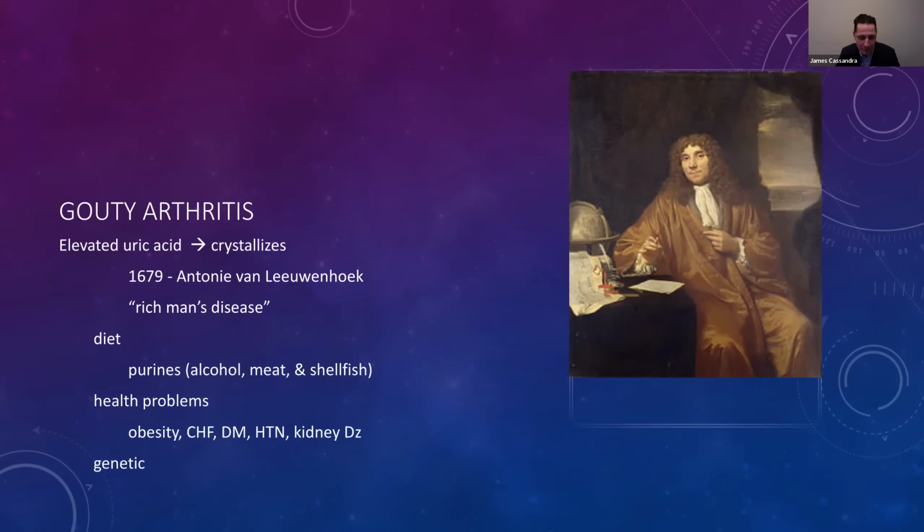The dietary component's important. It's based on purine metabolism. So alcohol, meat, and shellfish are all common foods that are high in purines. As they break down into uric acid, if that uric acid gets too high and can't be excreted, crystals can form. Other health problems that can be associated with it: obesity, CHF, diabetes, hypertension, kidney disease, and like anything, there's a genetic component.